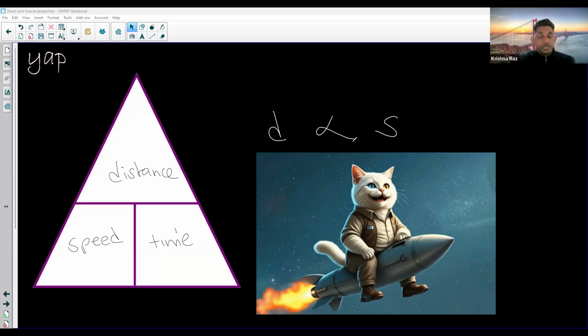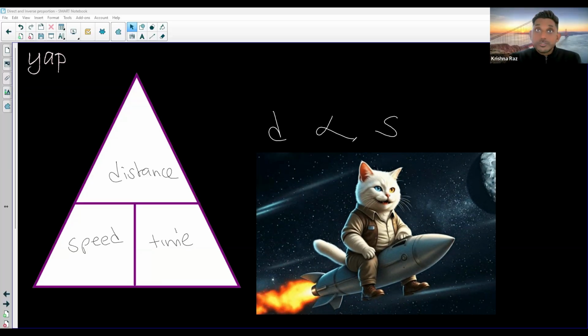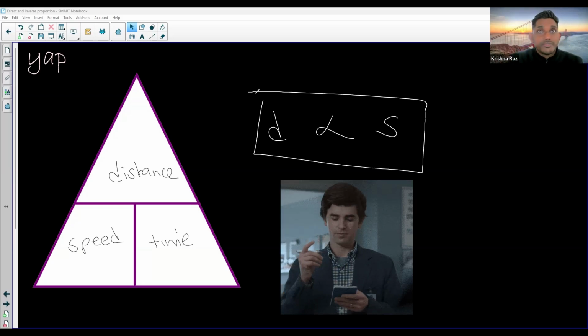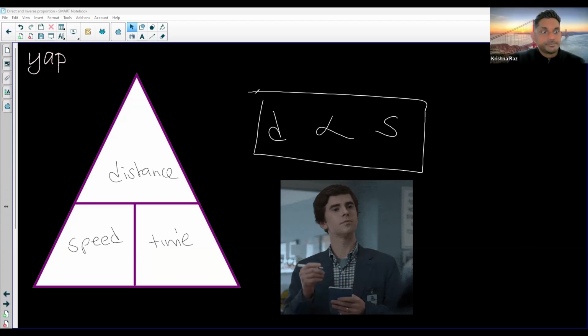It will also double. If we keep our time constant and we halve our speed, what will happen to the distance? It will also halve. So we know that distance and speed are proportional. If you double one, the other doubles given a constant time.